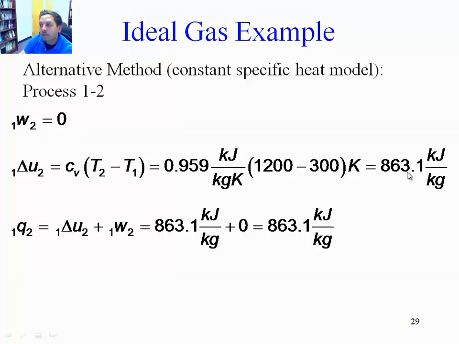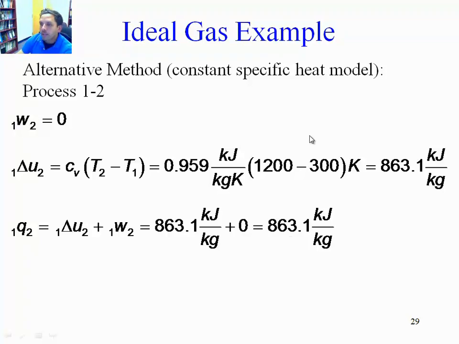That leads to 863.1. That is a major difference from before because the heat now, which is delta U plus W, is 863.1. Remember the previous table, the one where we used the variable specific heat? This was 839. So this yielded an error of about 20-something kilojoules per kilogram, which is pretty considerable. It's over 5% error, actually 4% error.